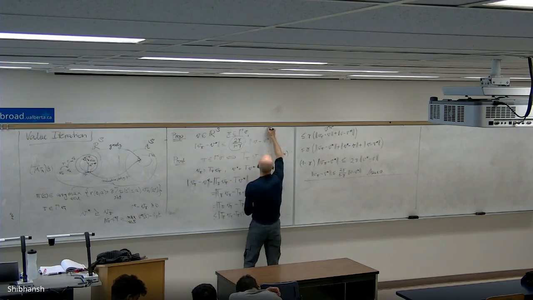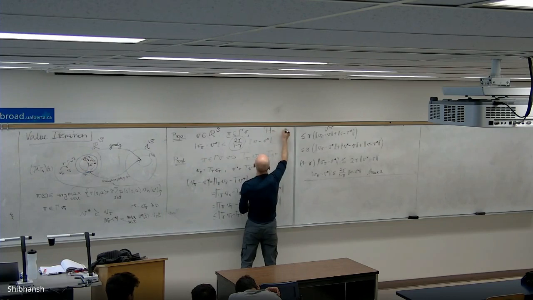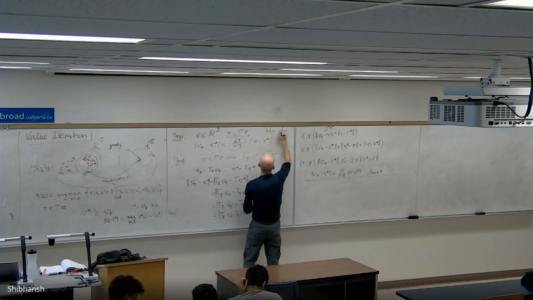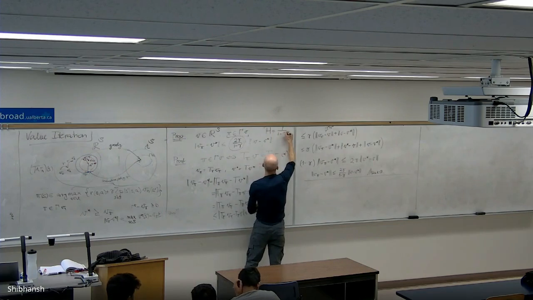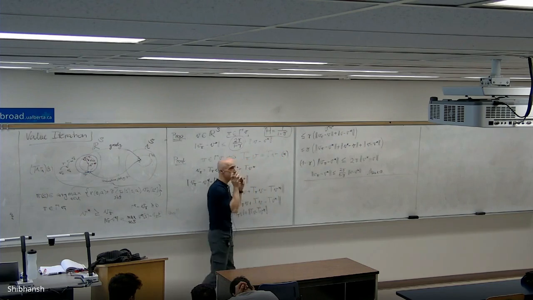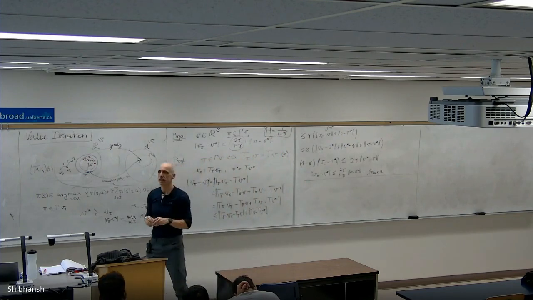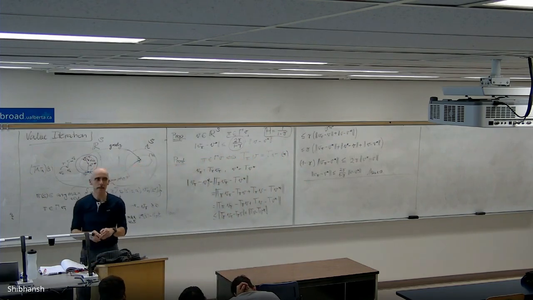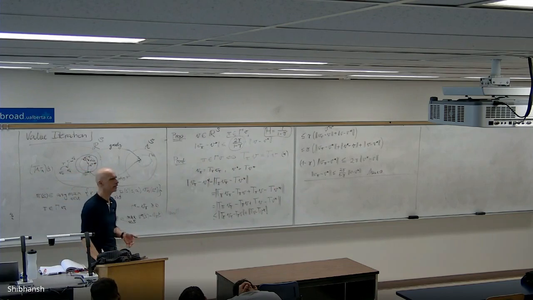I'm going to use the notation h for 1 over 1 minus gamma. We often call this the effective horizon. In a way, you can argue that in a discounted problem, by and large, this 1 over 1 minus gamma is characterizing how many steps forward you are looking into the future.